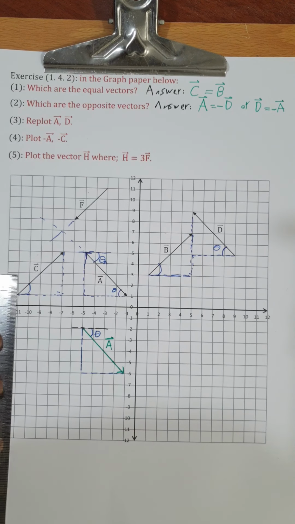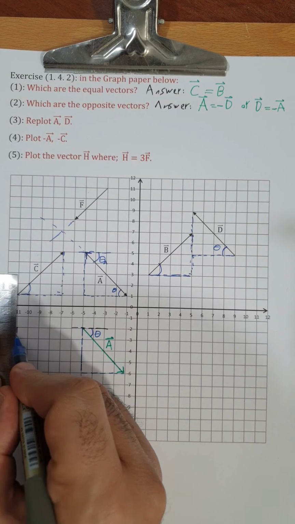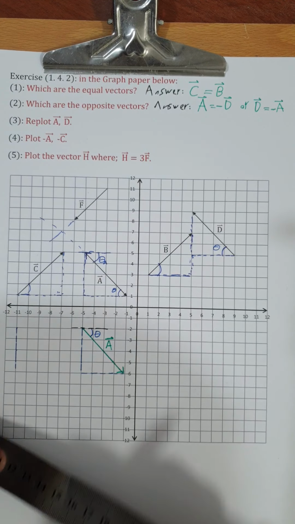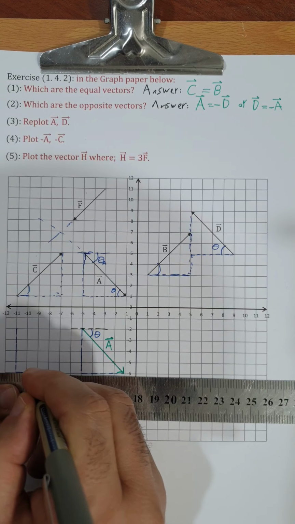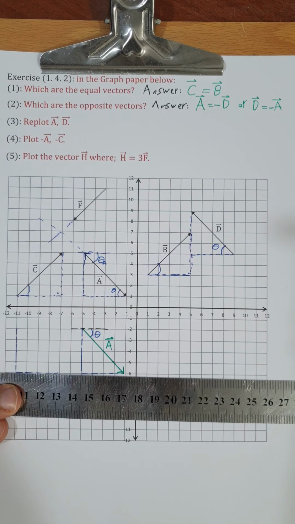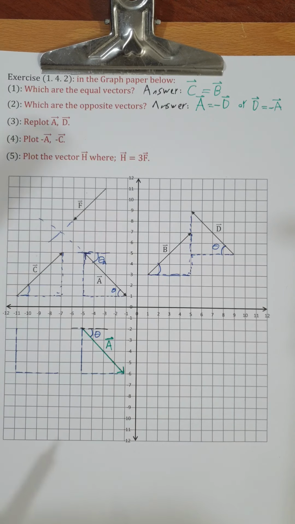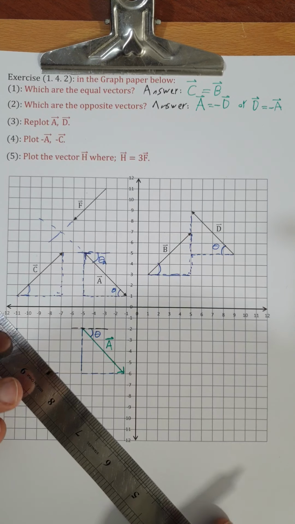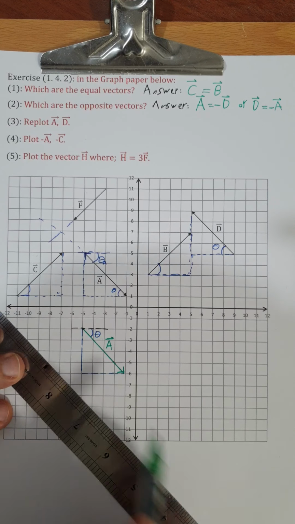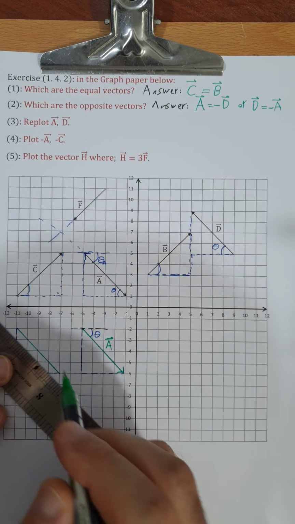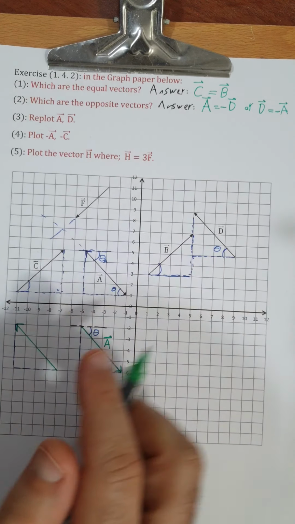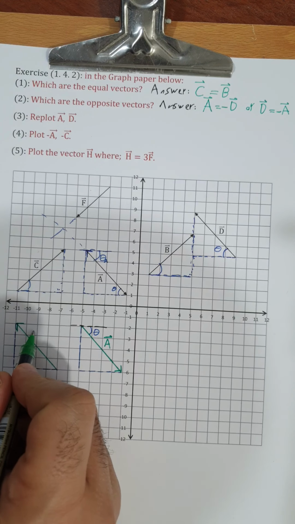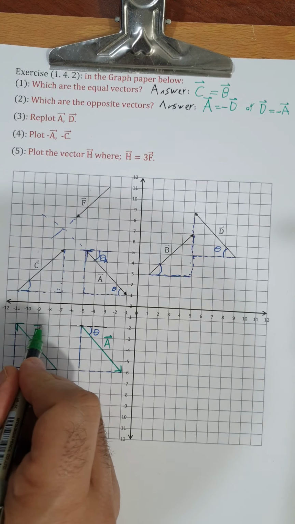So 4 units on y and 4 units on x, and it points at the northwest direction. This is exactly as D. So we make an exact copy of D. This is D.